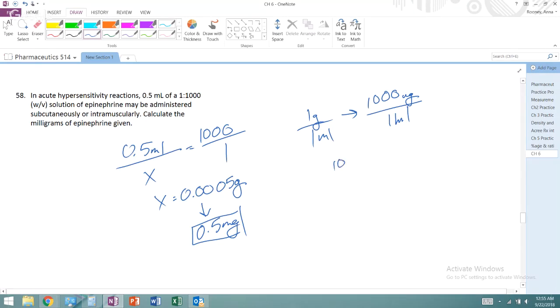So you'd have 1,000 to 1. Then when you convert it over here, it's a 1 to 1. And so you would find that half a milliliter is equal to half a milligram. So that's another way that you can recognize it, but it might not be so self-evident.